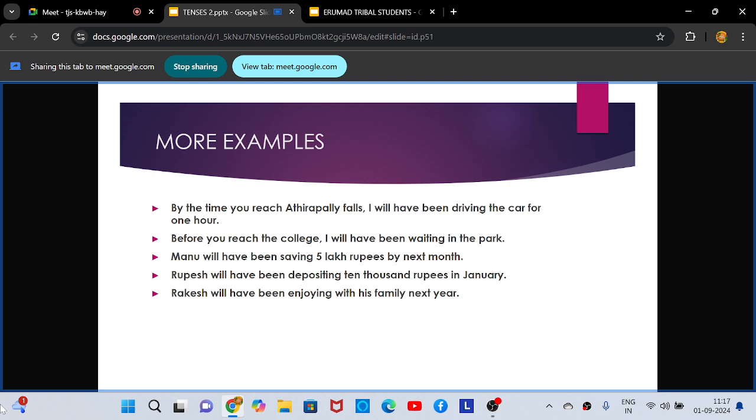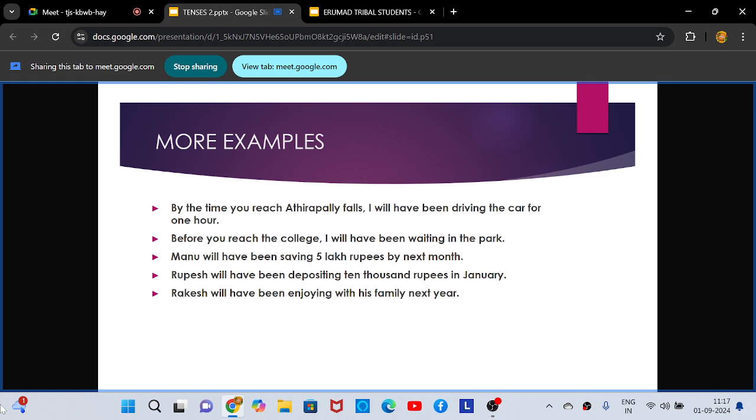Manu will have been saving 5 lakh rupees by next month. Rupesh will have been depositing 10,000 rupees in January. Rakesh will have been enjoying with his family next year.